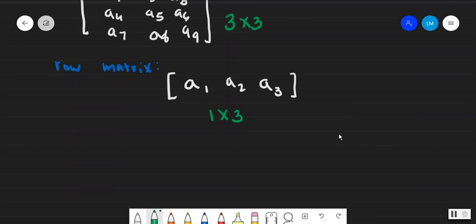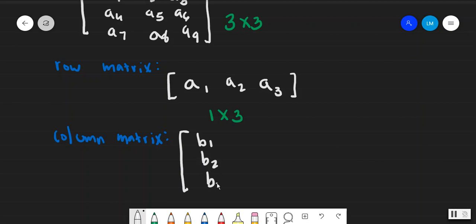Another type of matrix that you might see is what we call a column matrix. For example, we could use the entries B1, B2, and B3. To be specific, the dimensions of this is a 3 by 1 because it has 3 rows and 1 column.